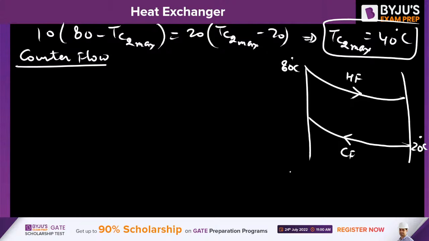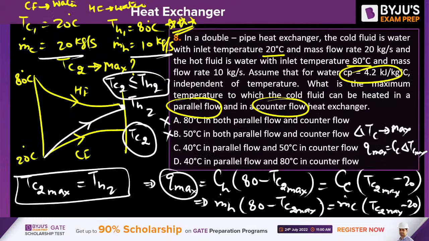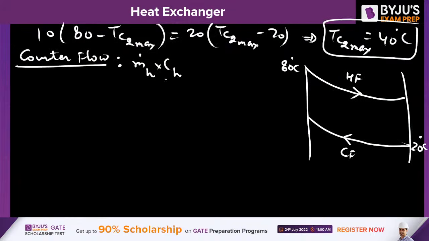This is all given. Now, if we find out what is the product of mass flow rate into specific heat for the hot fluid, the hot fluid mass flow rate is 10, the specific heat is same. So are you getting the mass flow rate of cold fluid into specific heat? Specific heats are same because the mass flow rate of hot fluid is less, so we can say CH is less than CC.